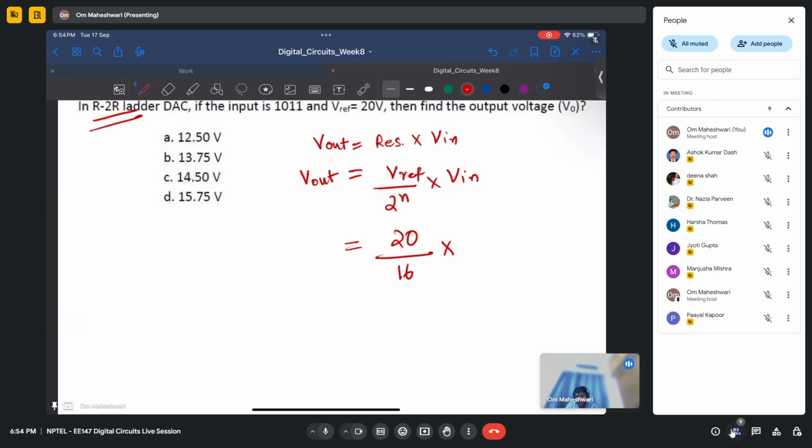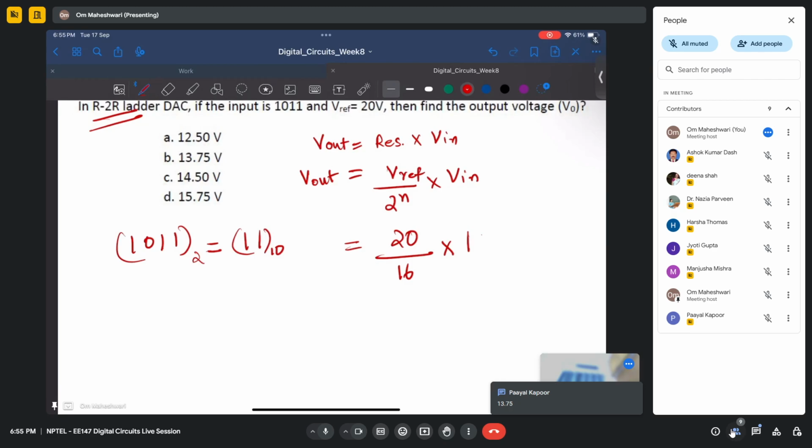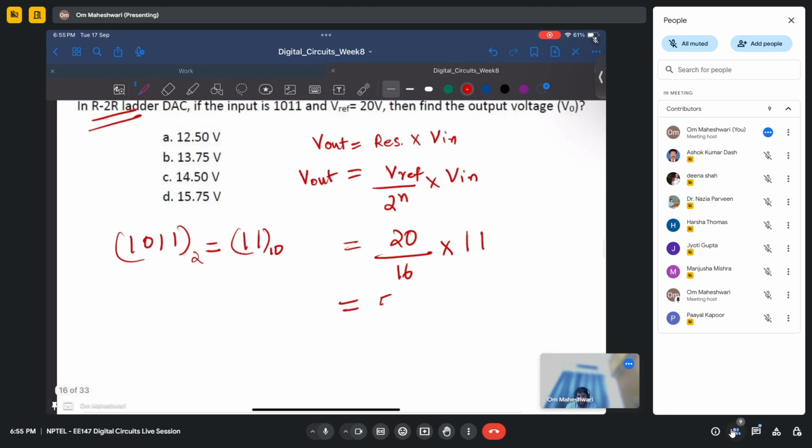So you need to first convert 1011 into decimal form, which is 11 base 10. So this comes out to be 220 by 16, which is 55 by 4, that is 13.75 volts.